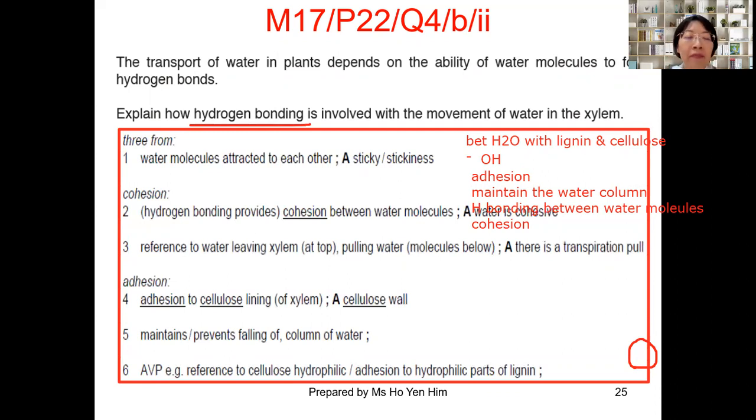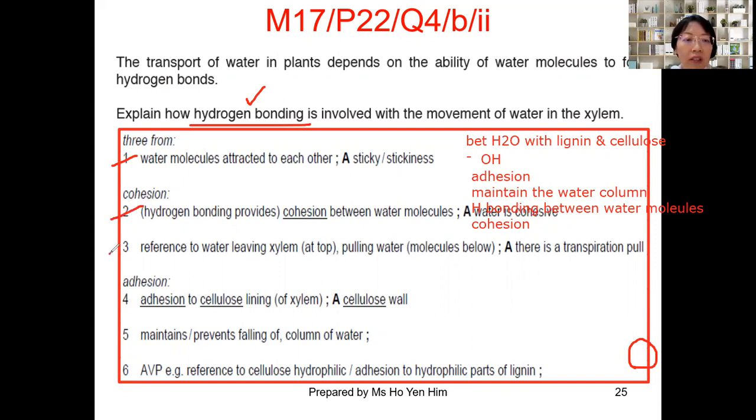Okay, thank you, Cesian. Right, so first, because of hydrogen bonding, water molecules are attracted to each other. And there's no mark given for hydrogen bond because hydrogen bond is already stated in the question, right? So hydrogen bonding is the bonding that causes the water molecules to stick together or to be attracted to each other. And this is the cohesion between the water molecules.